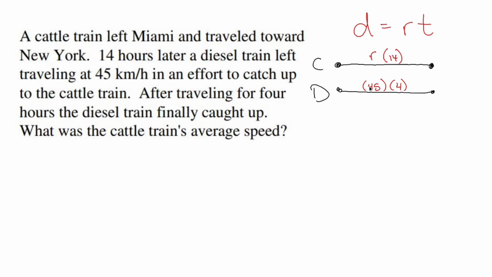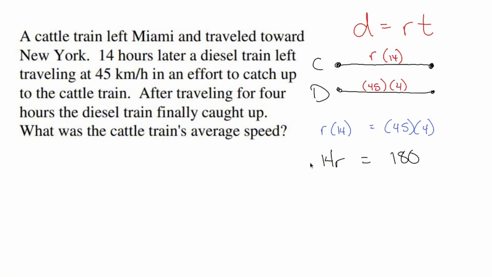Now, this distance is equal to this distance. So what we're going to do is set up an equation of R times 14 is going to equal 45 times 4. Now, R times 14 can be written as 14R, and 45 times 4 is 180.